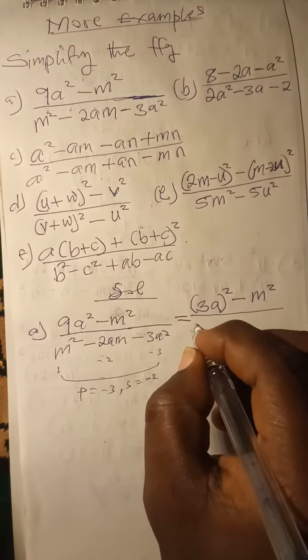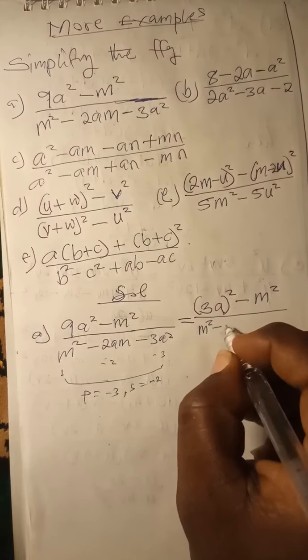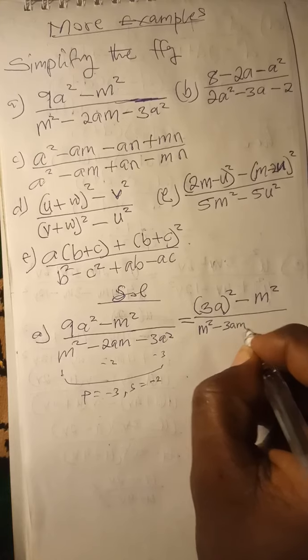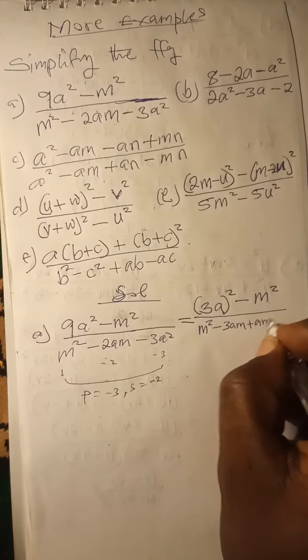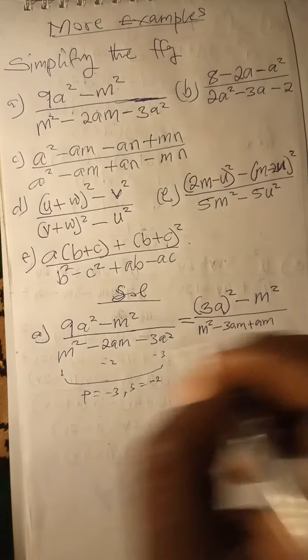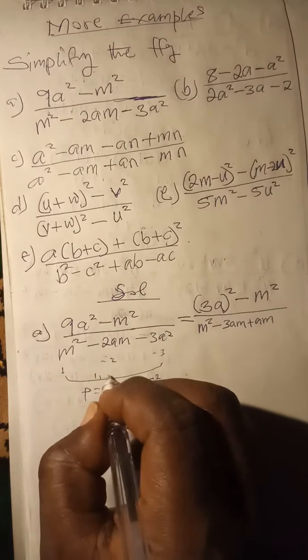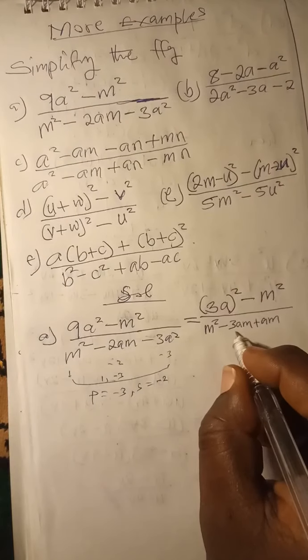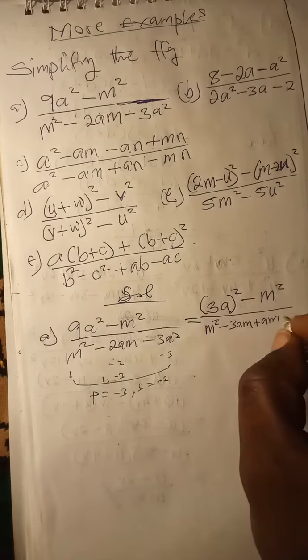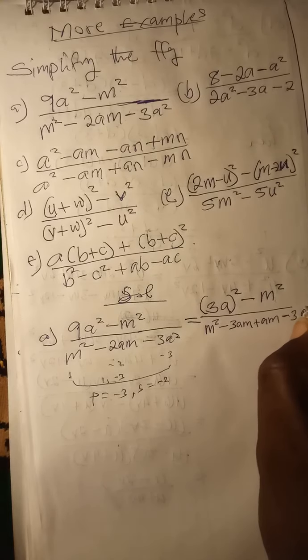So I have m squared minus 3am plus am. This is minus 3, there's plus 1 here. The numbers are 1 and minus 3, so minus 3 is here, plus 1 is here. I don't have to write the plus 1. So minus 3a squared.